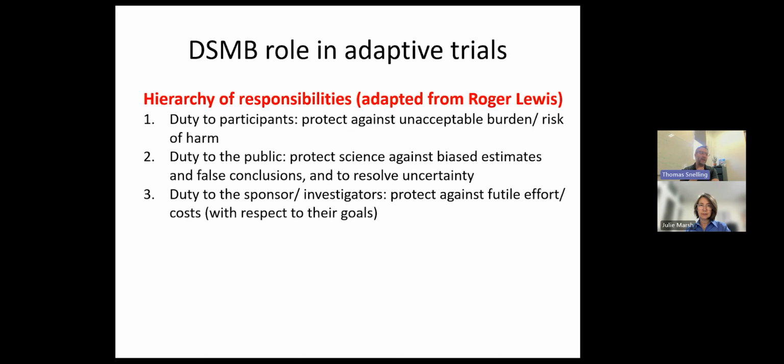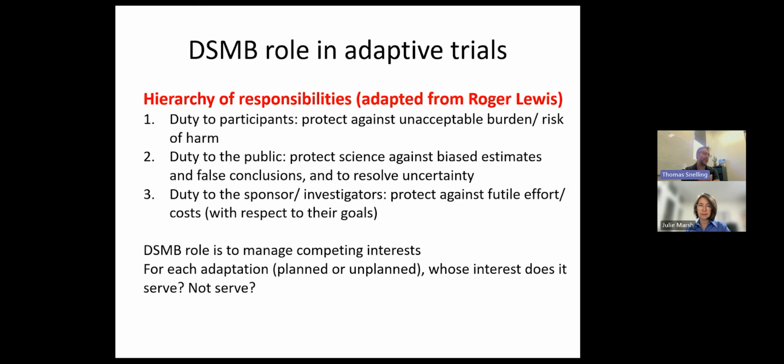It's important to note that the interests of participants, the broader public, and the sponsor or the investigators don't always align, and this is really the challenge of the DSMB, to balance these interests, which are often competing, and to be clear about the hierarchy of responsibility.